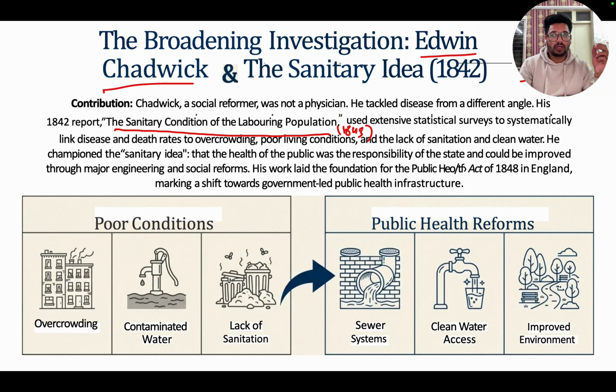His survey showed that diseases and death rates are linked to overcrowding, poor living conditions, and lack of sanitation and clean water in London. Because of his report, public health reforms were taken up for sewer systems, clean water access, and an improved environment.